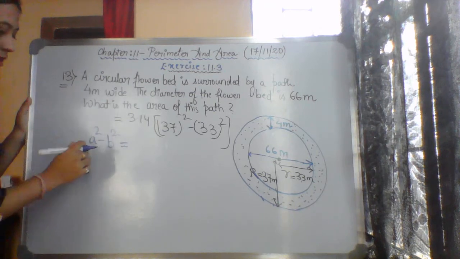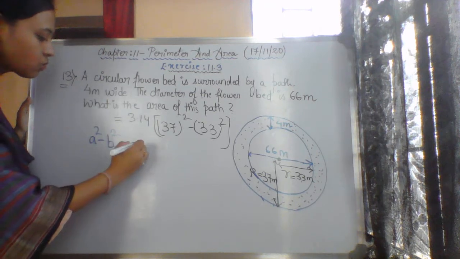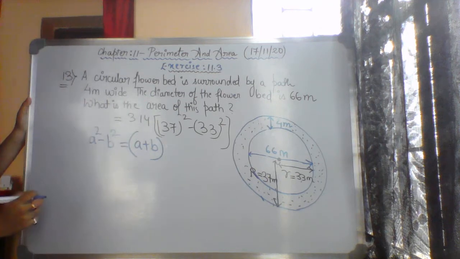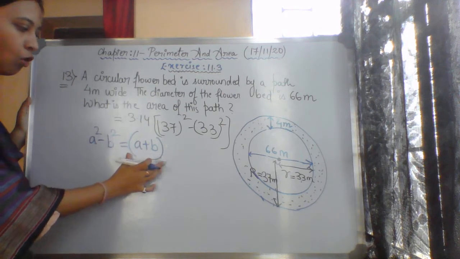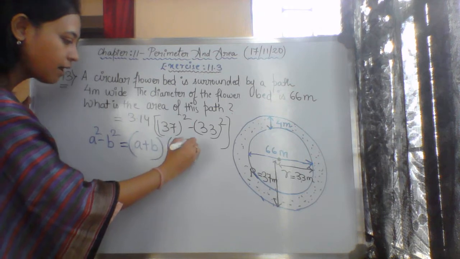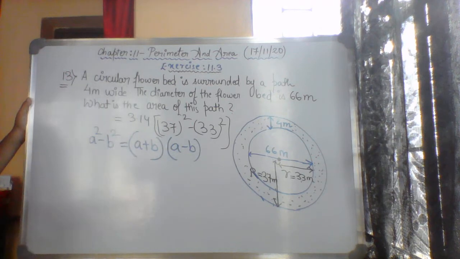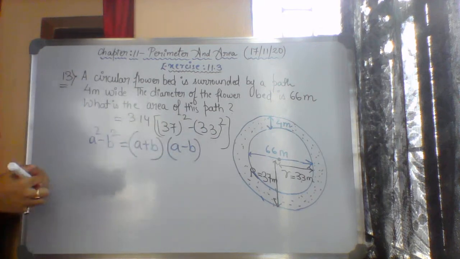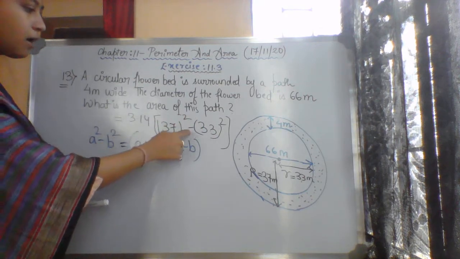A square minus b square is a plus b whole multiplied by a minus b. So you can easily apply this formula here.